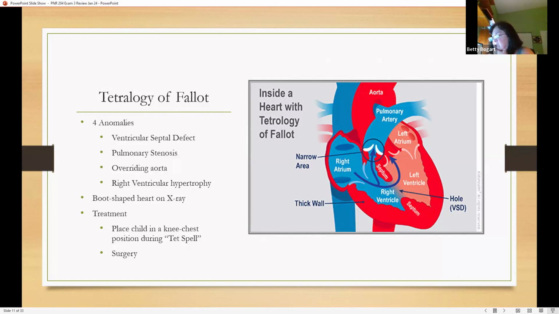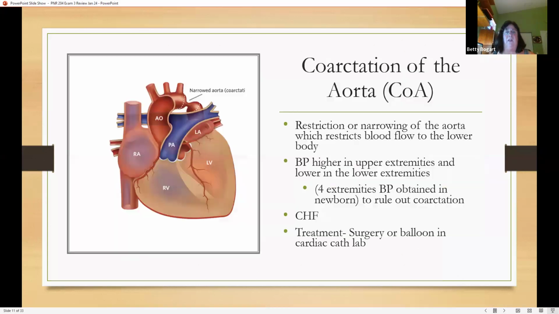What would you see if you saw a child with that tetralogy of Fallot or the coarctation of the aorta, blood is going back, sitting in the lungs, and I said it causes congestive heart failure? What are signs and symptoms of congestive heart failure? Well, blood is filling up in the lungs.